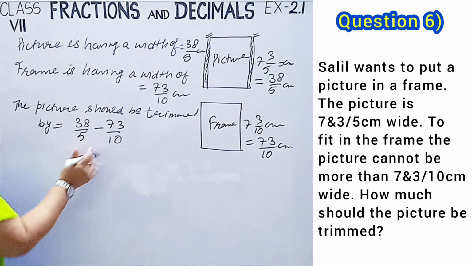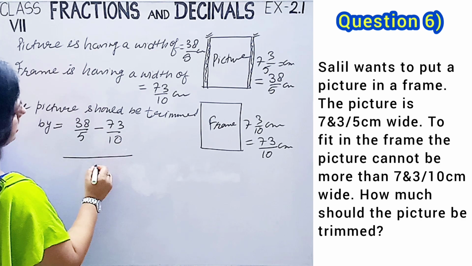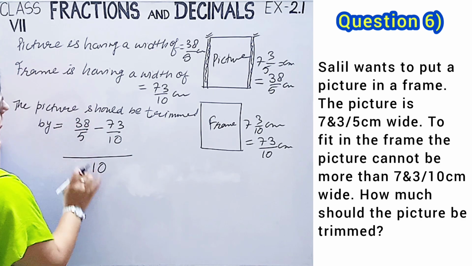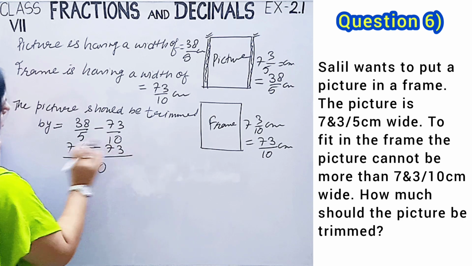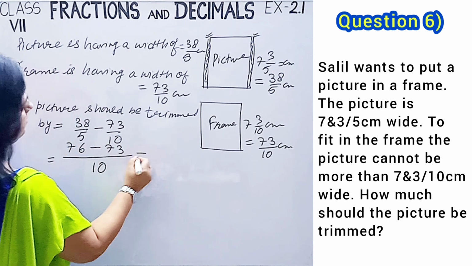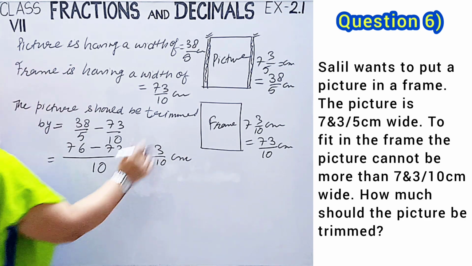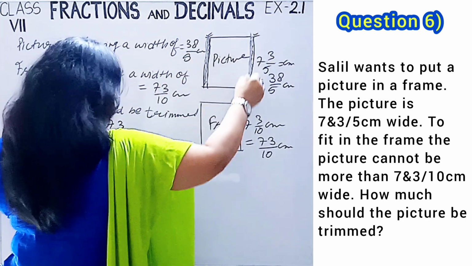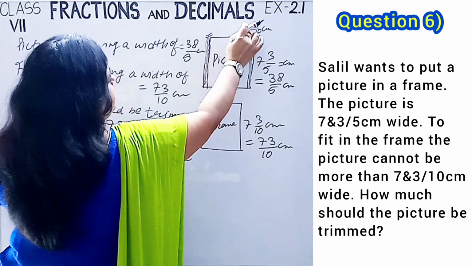So taking the LCM of 5 and 10, which is 10, after doing this we get 76 minus 73. After subtracting, we get 3/10 centimeter. It means we have to trim 3 by 10 centimeter from here.